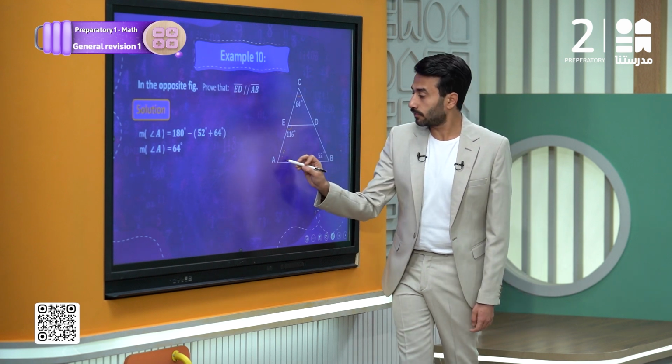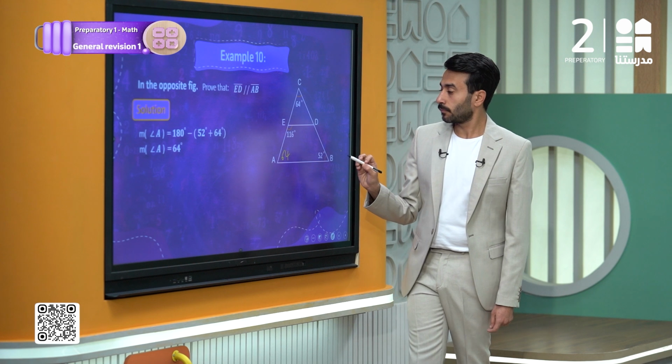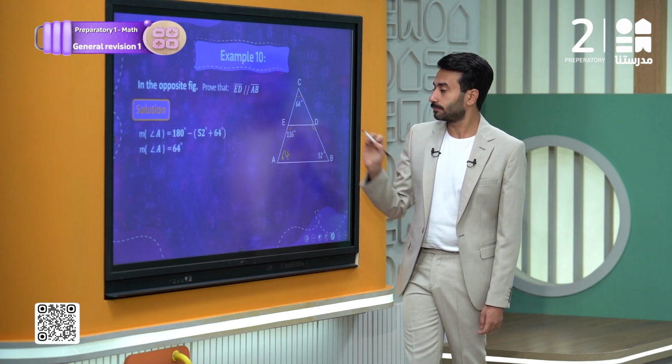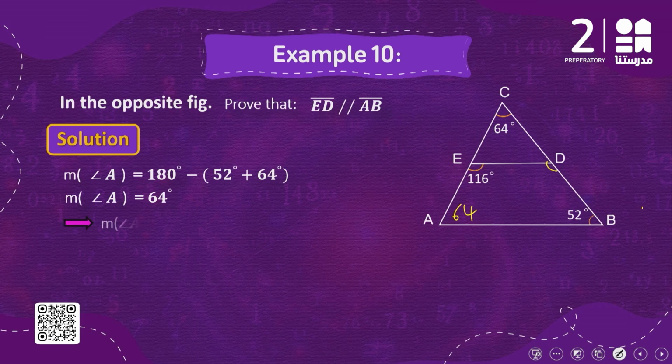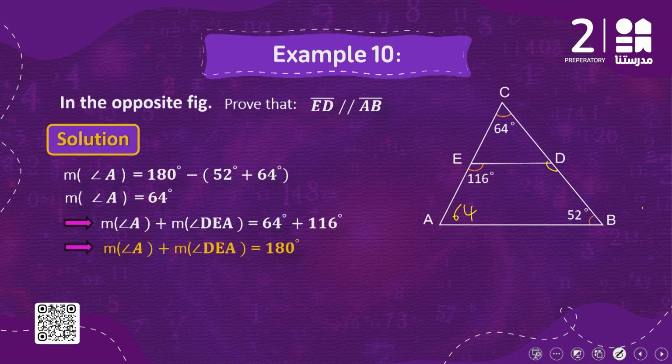Now, if this one is 64, you can find this one, and also you can find another one here. But let's go to this angle. You can find also this one, because these two angles add up to 180.